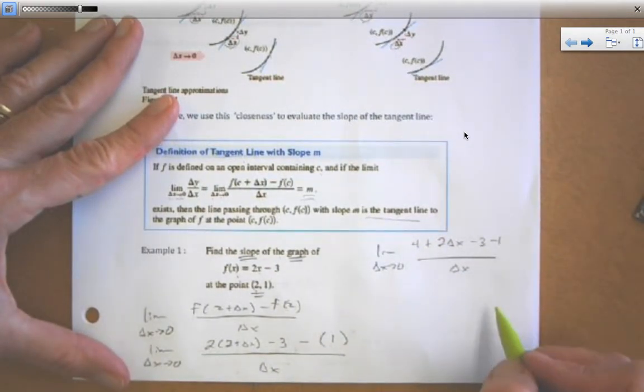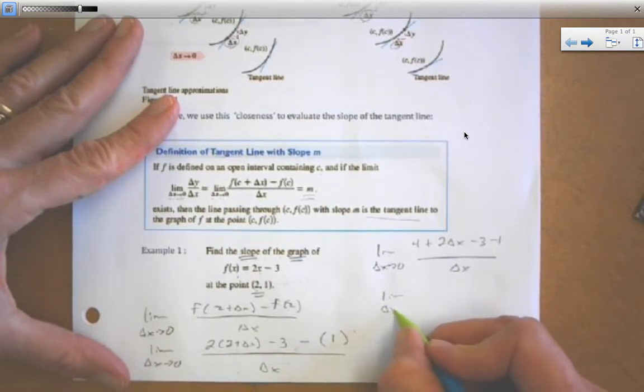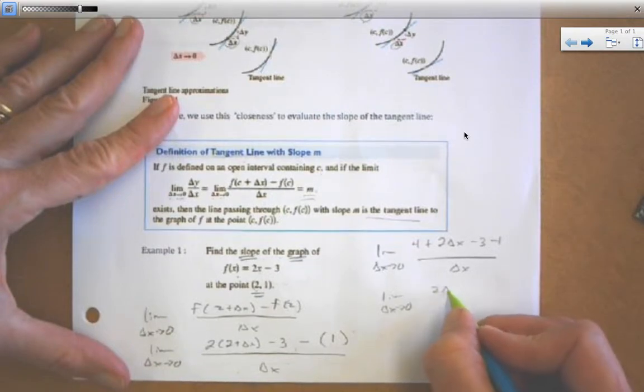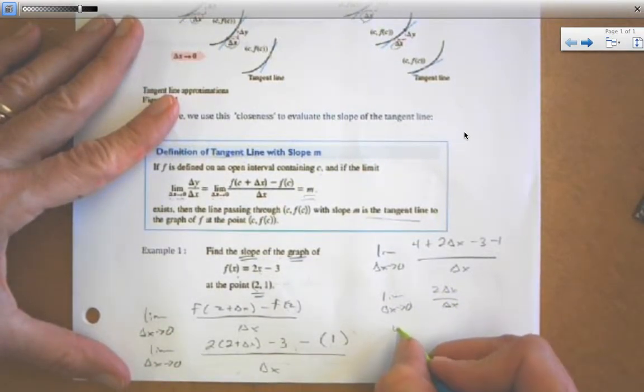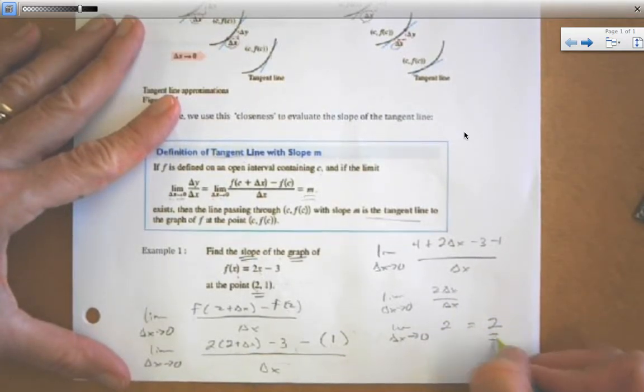Minus 3 and minus 1 is negative 4, so the 4's cancel each other out. And you have 2 delta x over delta x. So the limit as delta x goes to 0 of 2 is equal to 2.